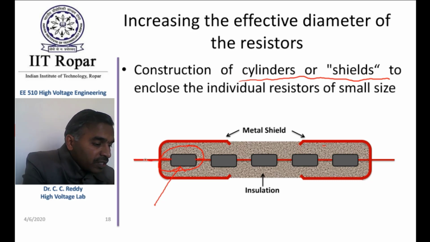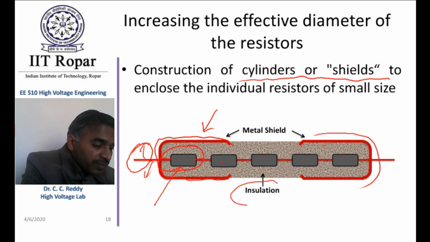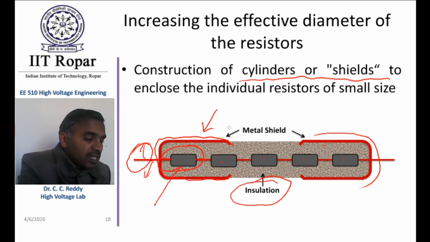When these are used for high voltages, the diameter of this wire is very small and high corona is expected here. So to avoid that, metal shields like this are used on both sides, and then a certain number of resistors are included inside the insulation, in a cylindrical structure.